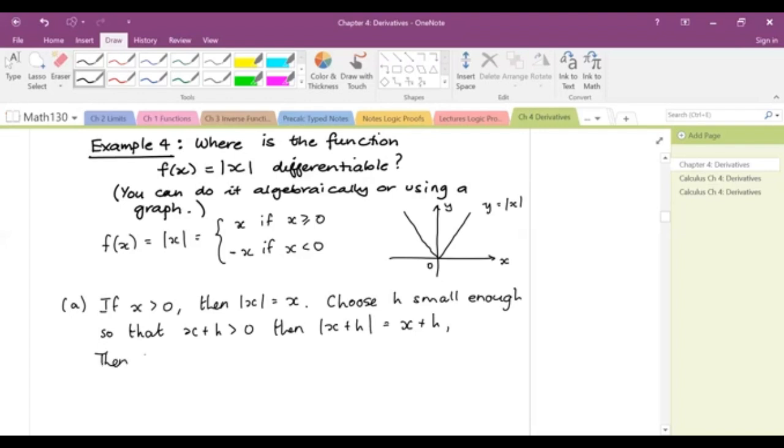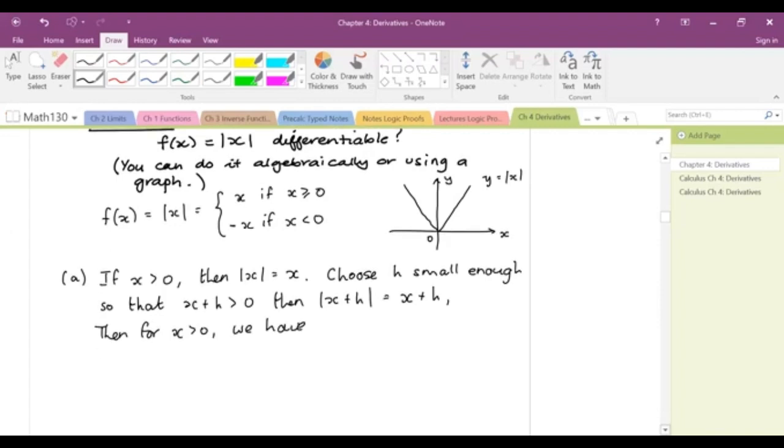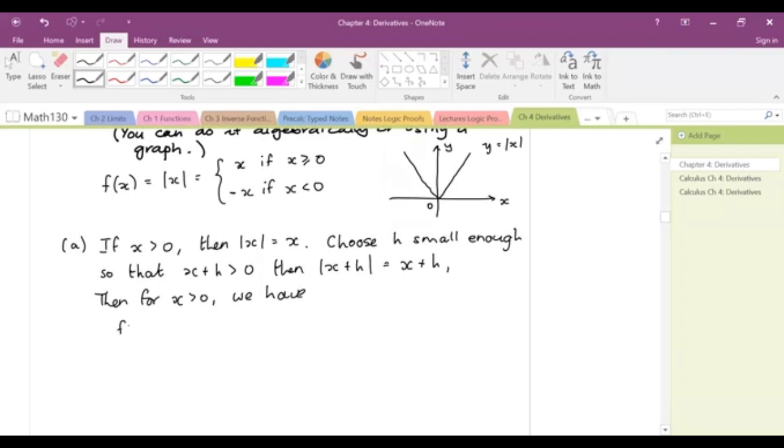Then for x greater than 0, we have f prime of x equal to, using the definition, the limit as h tends to 0 of mod of x plus h minus mod x all over h. Now x plus h is positive, so we can replace mod of x plus h by x plus h.